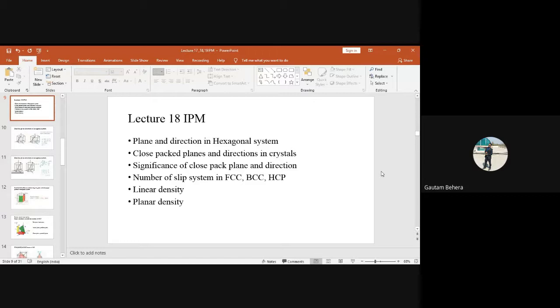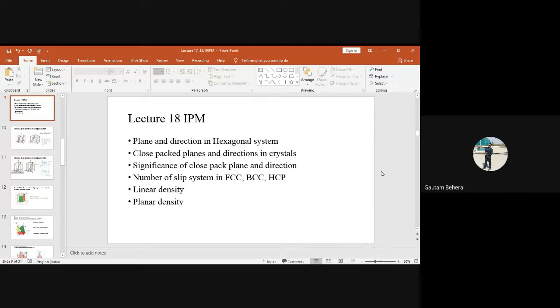But if we have a hexagonal system, like hexagonal close-packed structures, HCP, then in those conditions we have to use a 4-coordinate system, because we have a1, a2, a3, these 3 axes in one plane, and a vertical axis, that is z.